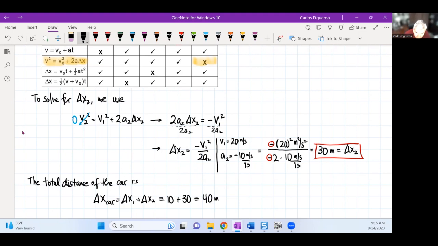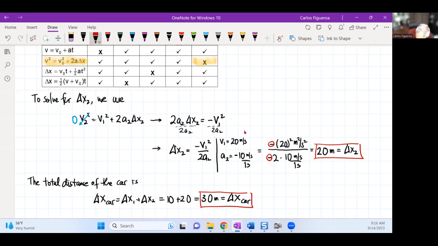Do I have a mistake here? How far is the deer away? That's 40. Oh, dude, this is 20. My numbers are wrong because I have hitting the deer. So this is 20 and this is 30. Oh, okay. So now I know the total distance that the car travels.